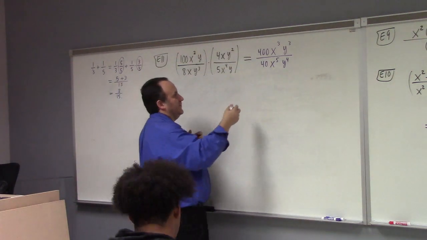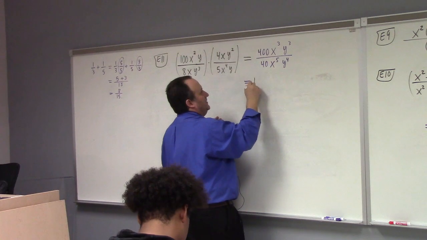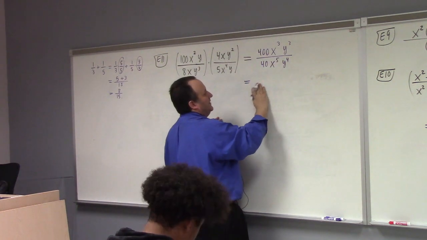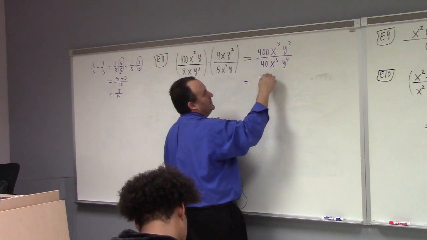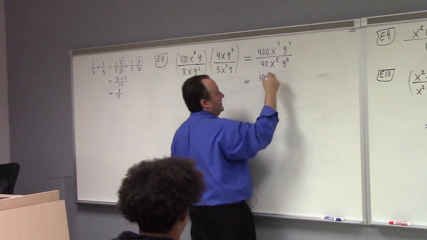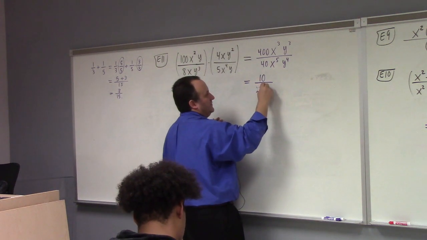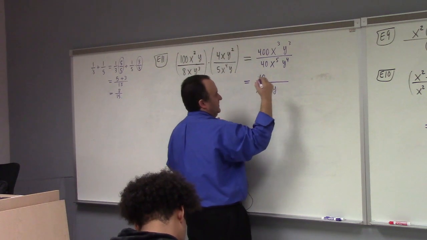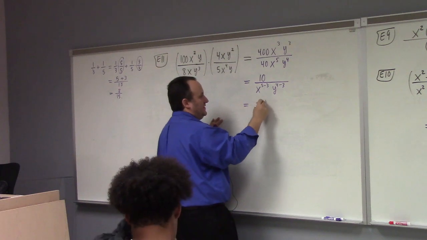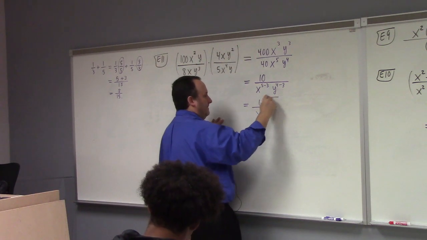What's 400 over 40? So 10. And if I keep positive exponents, the denominator wins both times, right? So x to the 5 minus 3, which is x squared, and y to the 4 minus 3. So the answer here is 10 over x squared y.